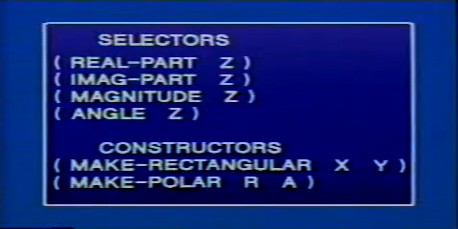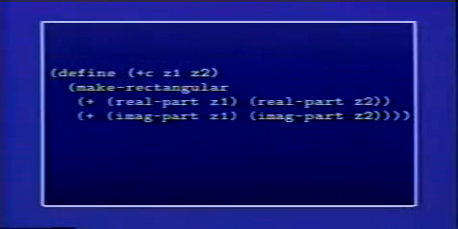And now, just like before, in terms of that abstract data, we'll go ahead and implement our complex number operations. Here you can see translated into Lisp code just the arithmetic formulas I put down before. If I want to add two complex numbers, I will make a complex number out of its real and imaginary parts.